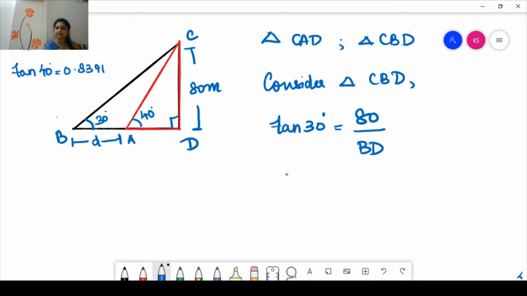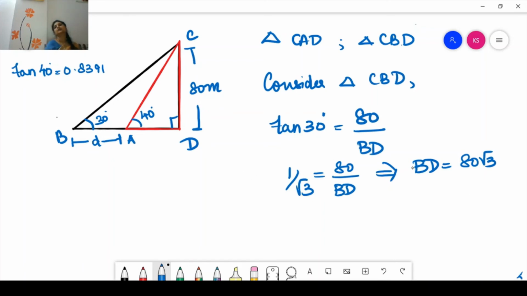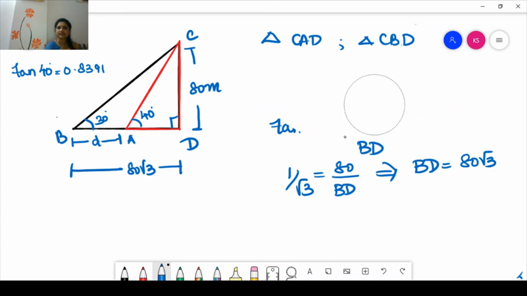That's AD by BD. So tan 30 is nothing but 1 by root 3. 1 by root 3 is 80 by BD. So from this, it implies that BD is equal to 80 root 3. Just cross multiply, you'll get the value. So the complete BD has been found to be 80 root 3. Let's keep it like that as of now. Now we'll consider the next right triangle that we have.